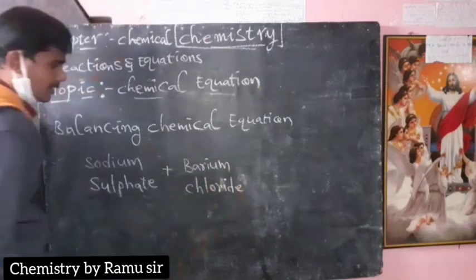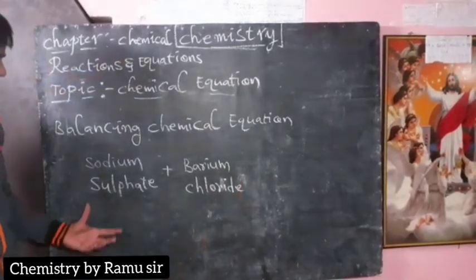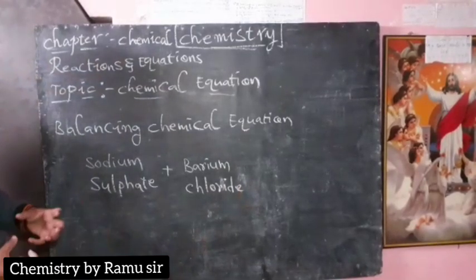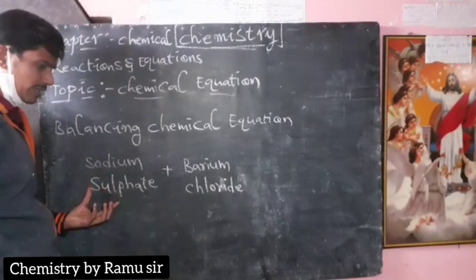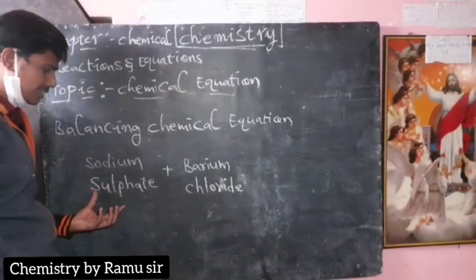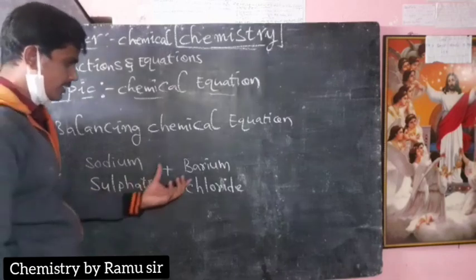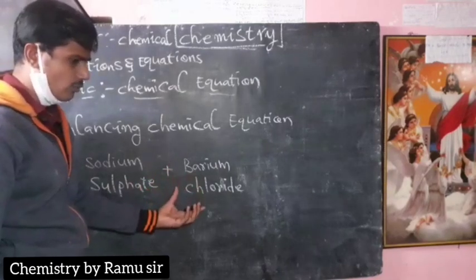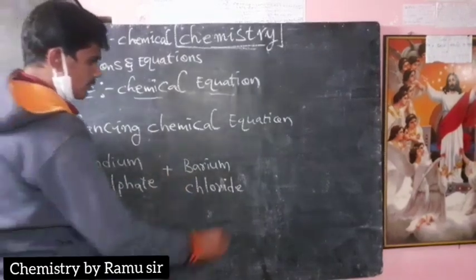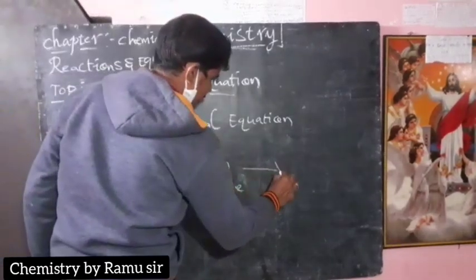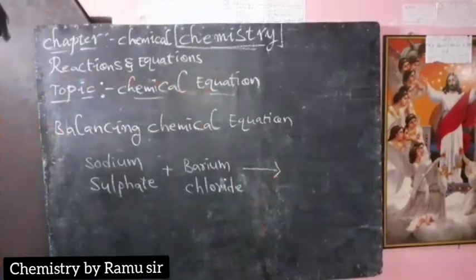See here the two substances which are reacting with one another. Some amount of sodium sulfate dissolved in water gives aqueous sodium sulfate. Some amount of barium chloride dissolved in water gives aqueous barium chloride. So a chemical reaction takes place between these two substances.